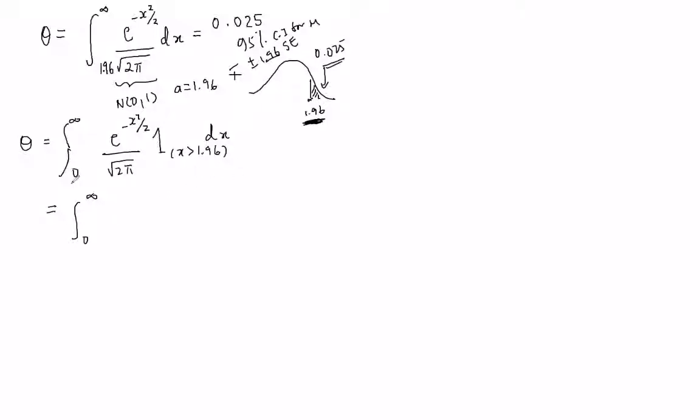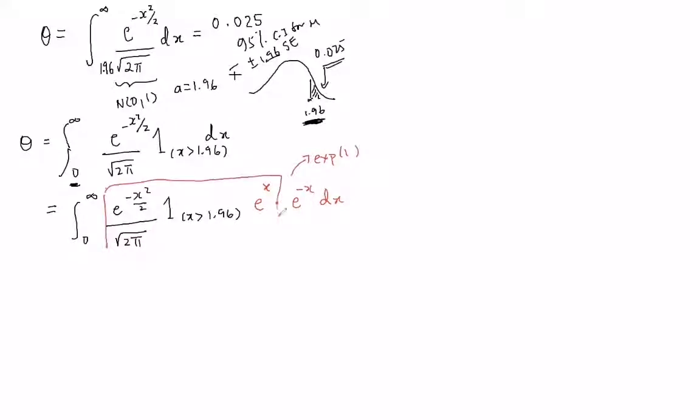Here you have 0 to infinity, so one possible candidate is the exponential. You can introduce an exponential and then cancel it. This is your exponential one. So this guy here you group together, and this will form your h(x), and this will be your density f(x), which is nice for sampling between 0 and infinity.